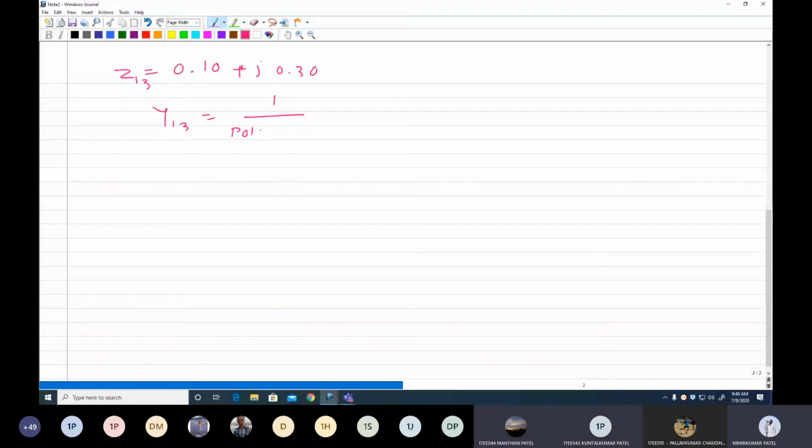In polar form, 0.10 plus j 0.30 is 0.3162 angle 71.54. So the final answer, 1 divided by this magnitude, is 3.162.